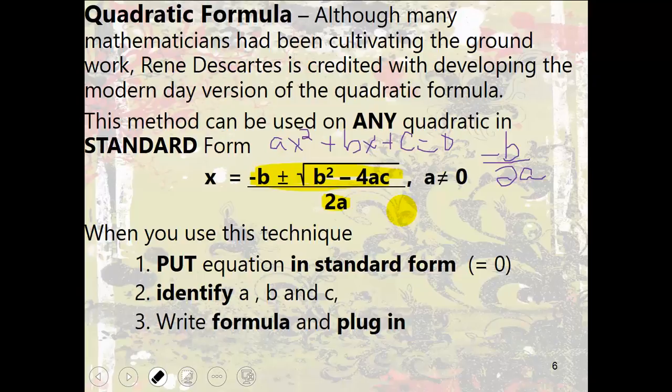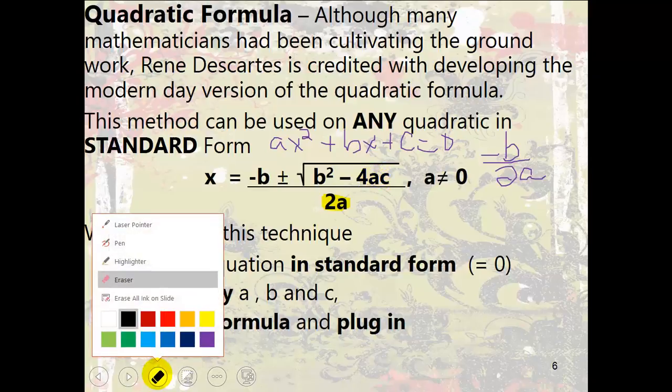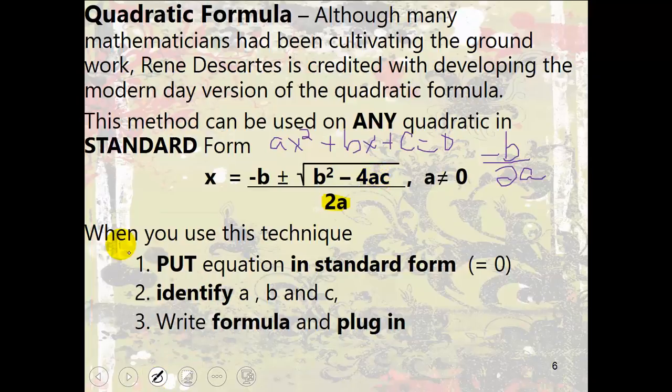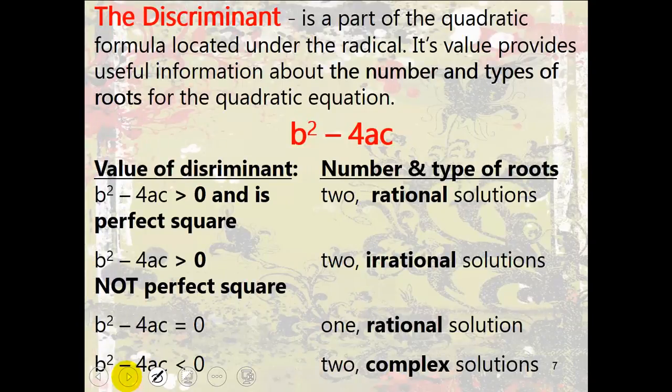We're going to plug in, and it might feel a little different because we're going to calculate one component first. We're going to calculate b squared minus 4ac before we calculate the full value of our solutions. That b squared minus 4ac is an integral part of the formula.